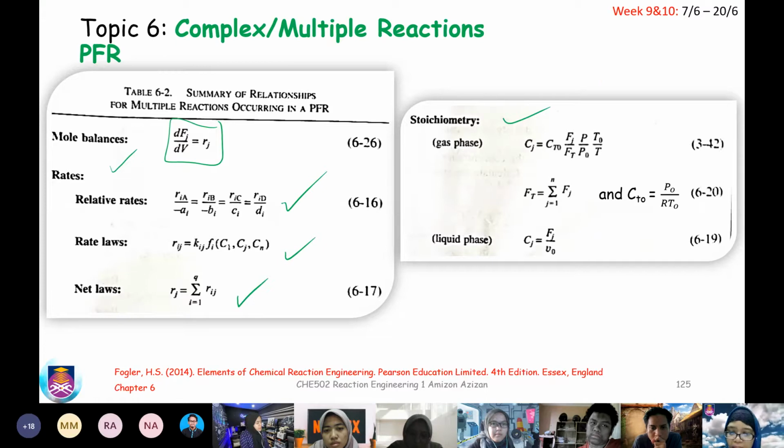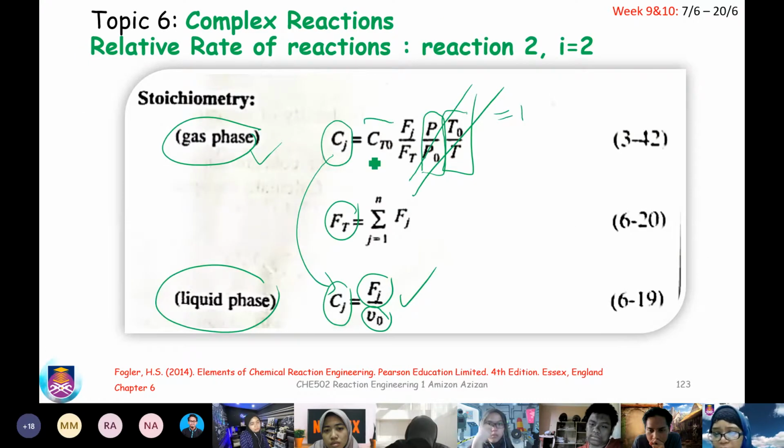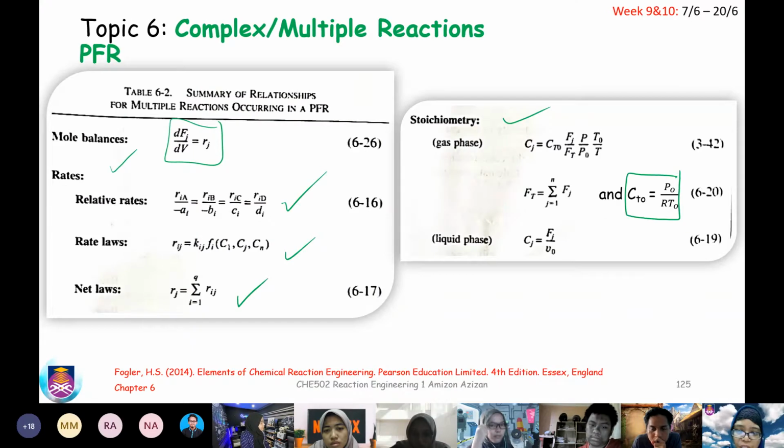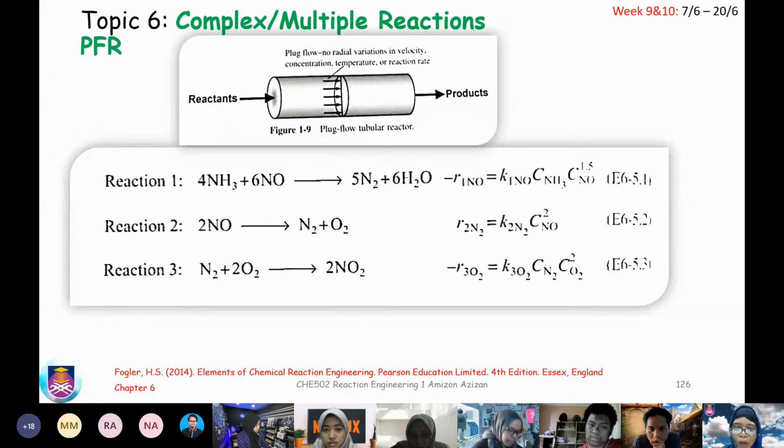Yeah, the same thing. Dekat sini pun sepatutnya ada the total concentration, yeah, initial. It's the same thing based on the ideal gas law. All right. Now, so this is the interesting part.